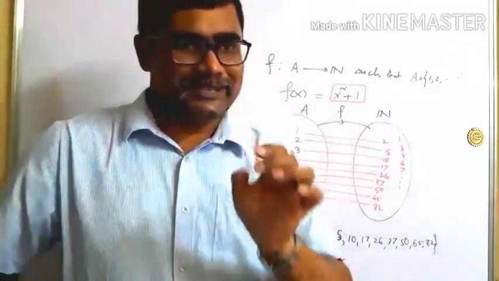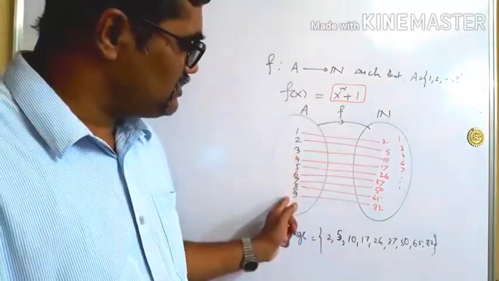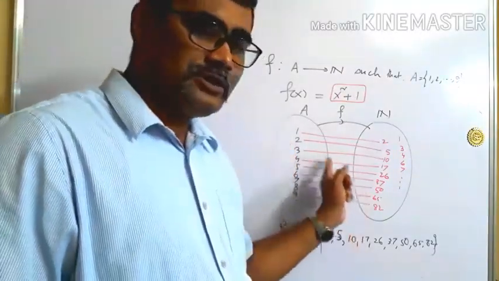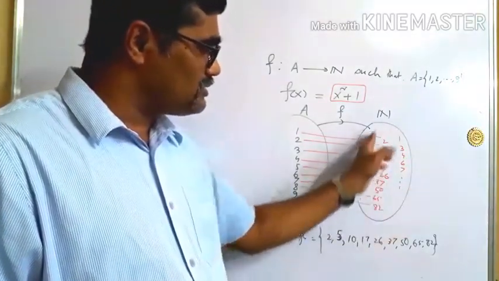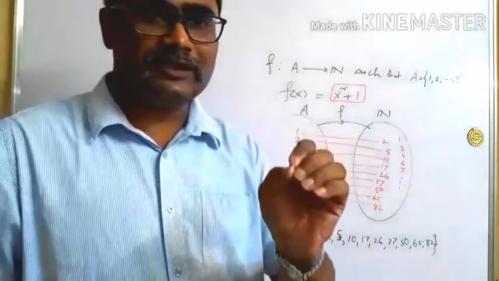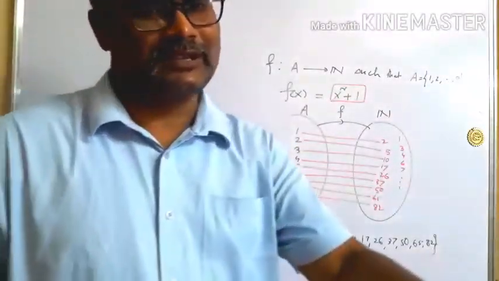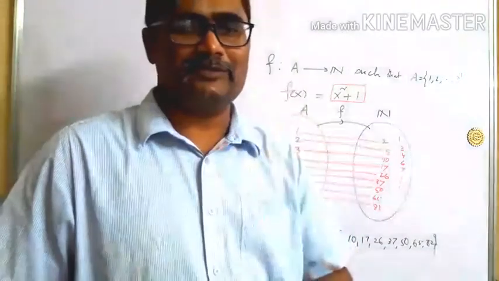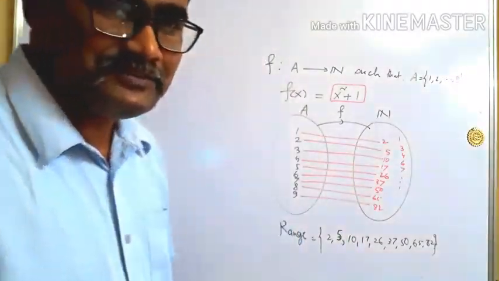So the basic idea to find a range is this: whatever the input, if you go on giving those inputs, whatever outputs come out, what type of character they have, that you have to take, right? And once you are able to explain this, then you are getting the range very clearly.